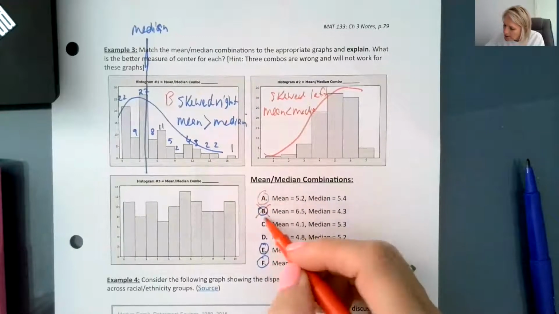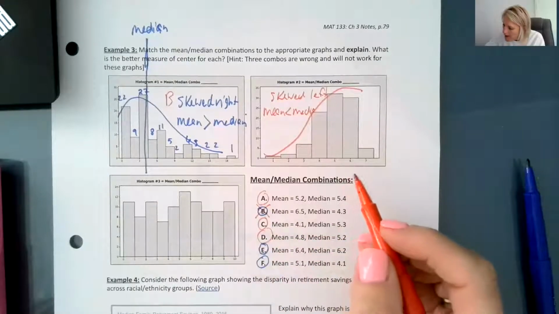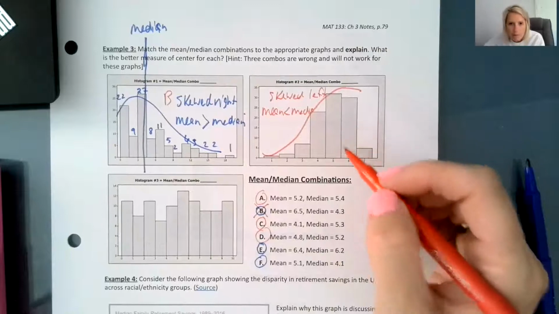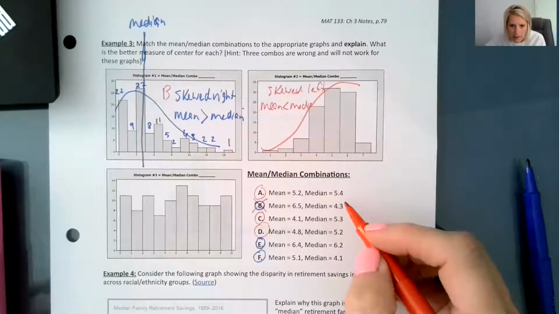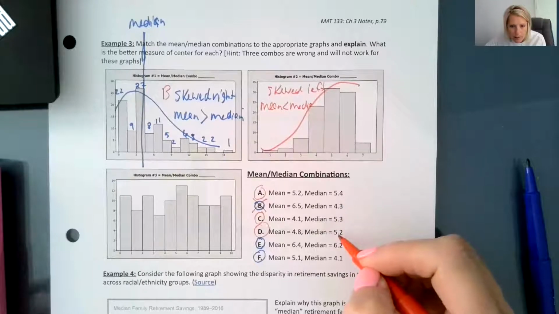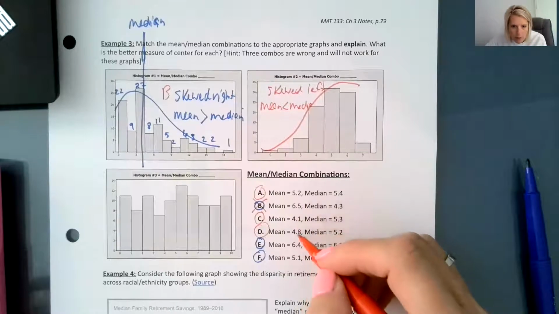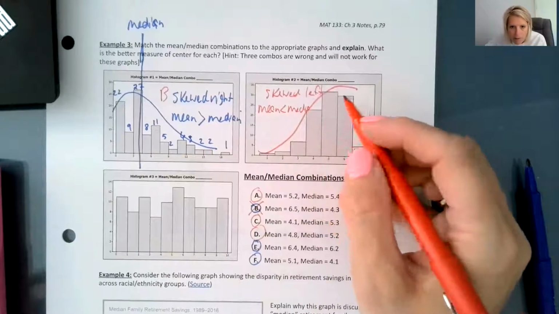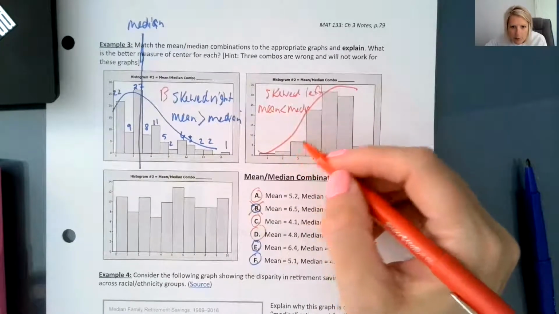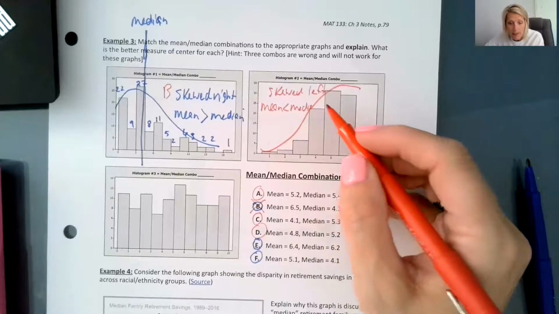So it could be A, C, or D. And we're going to look at the median again. So do we think the median is 5.4, 5.3, or 5.2? And with a mean of 5.2, 4.1, or 4.8. So it's going to be pulled this way. So my guess is it's going to be more like D.